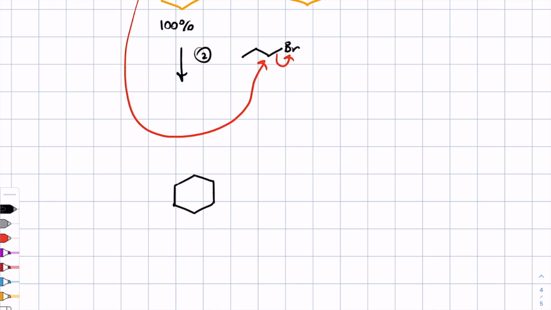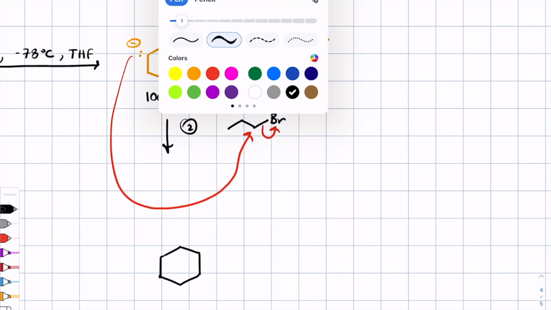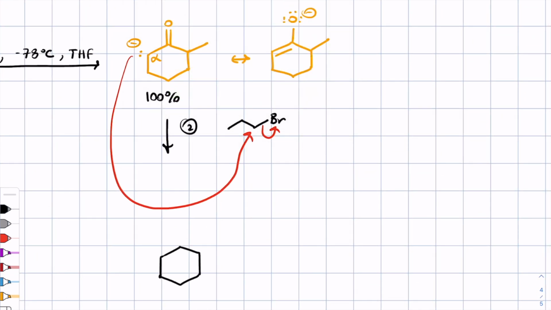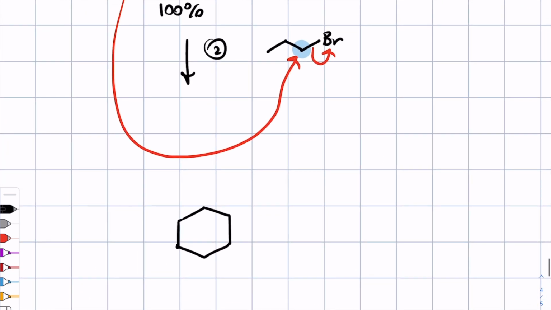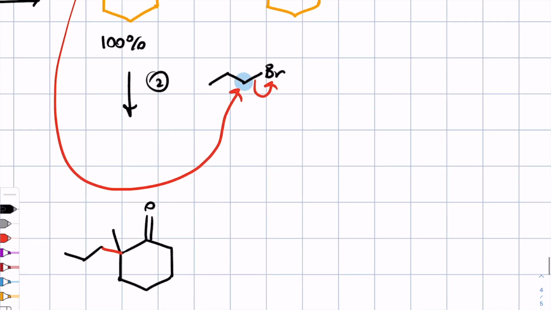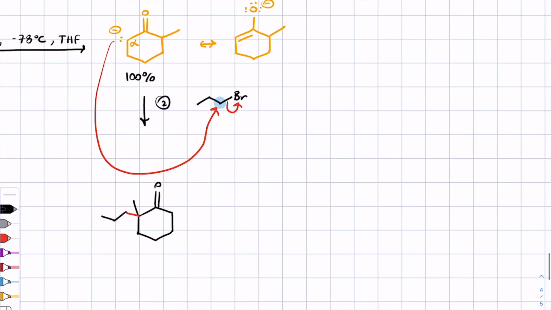We make a new carbon-carbon bond between the carbon that had the leaving group in our alkyl halide, the blue carbon, and the orange alpha carbon. I'm going to draw that new bond in red, and that's the product for enolate alkylation.